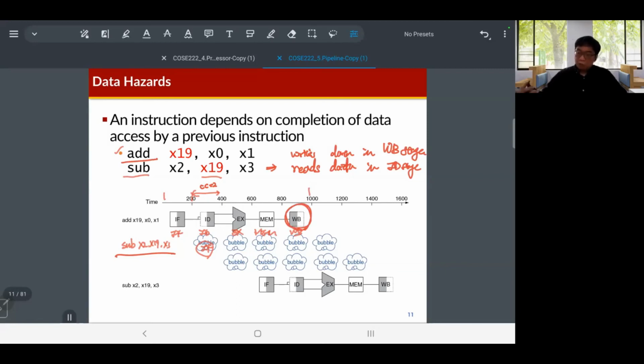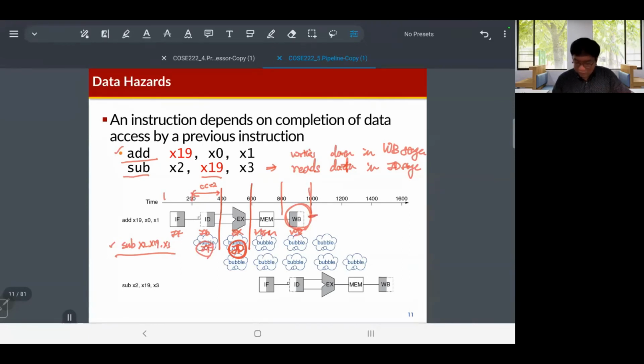Add instruction will write data during the time period from 800 picoseconds to 1000 picoseconds. But the sub instruction is fetched at the very next clock of this add instruction, so instruction fetch is here, then ID is here. The sub instruction requires data during this time period, 400 to 600 picoseconds.